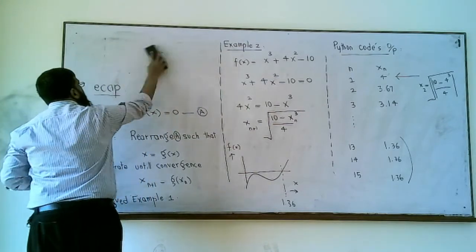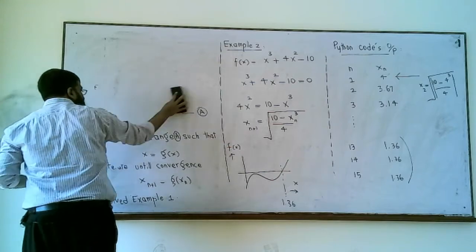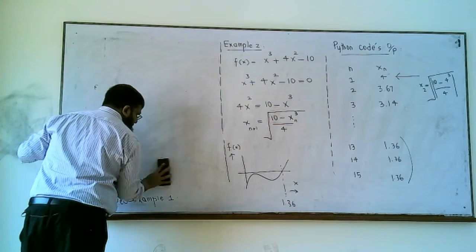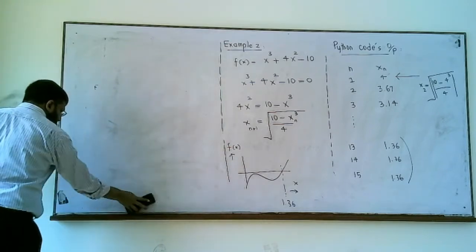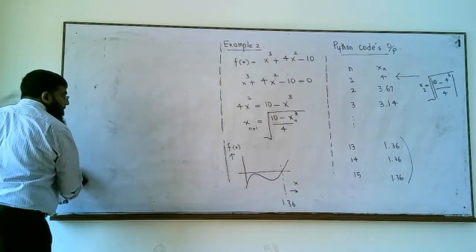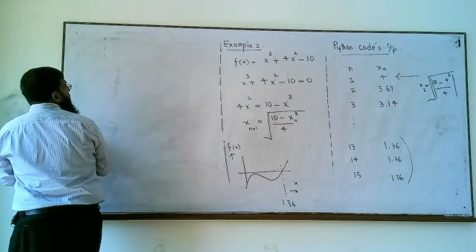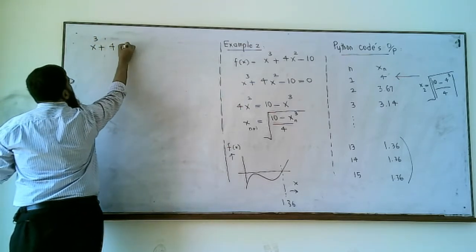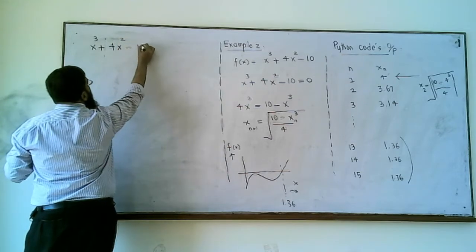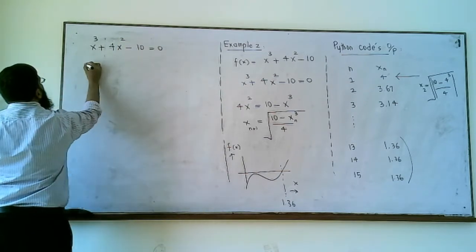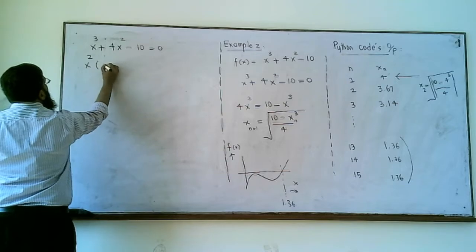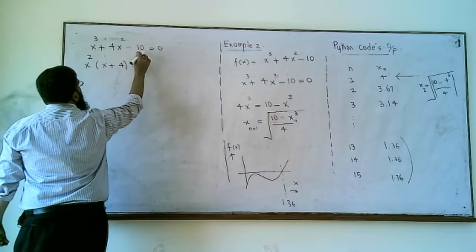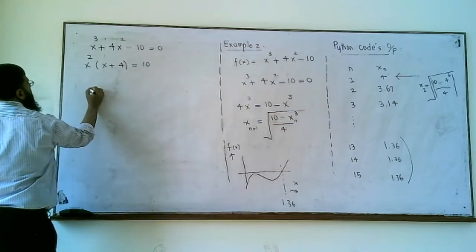And if we start with a different approach, giving this same polynomial, if we start working like this, x cubed plus 4x squared minus 10 is equal to 0. If we take x squared common, this becomes x plus 4, and taking 10 on the other side becomes 10.